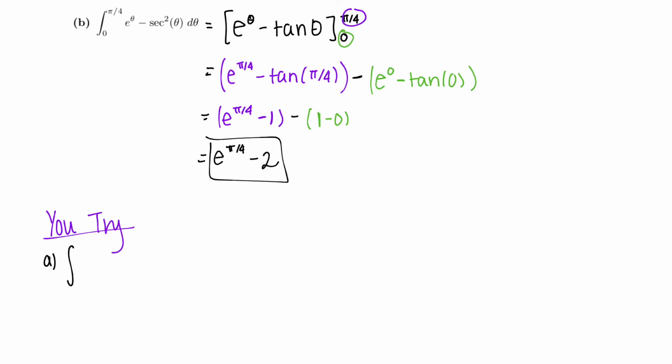So let's go from 9 to 25 of t cubed minus the square root of t to the 5th plus 1 all over the square root of t dt.